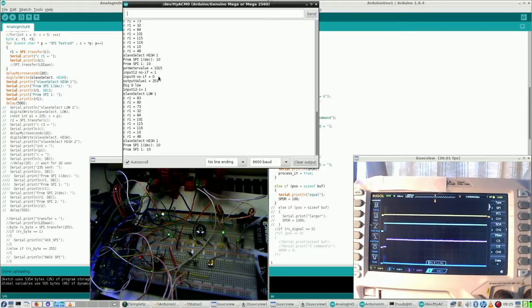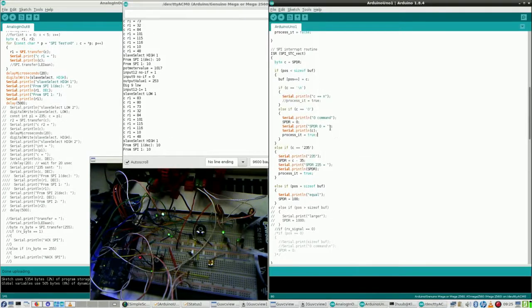Only 10 and nothing else. But what is 10 anyway? It says decimal, but is that indeed being done? So if I now look at this side, SPI is 0.